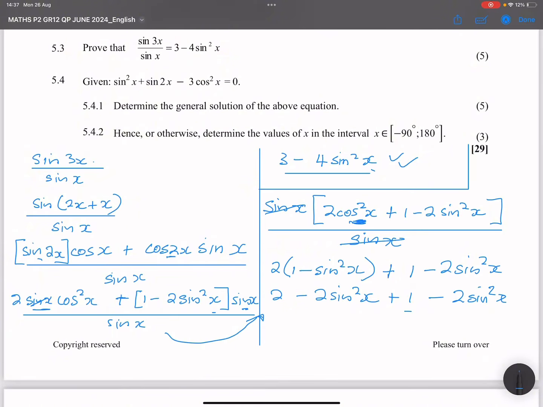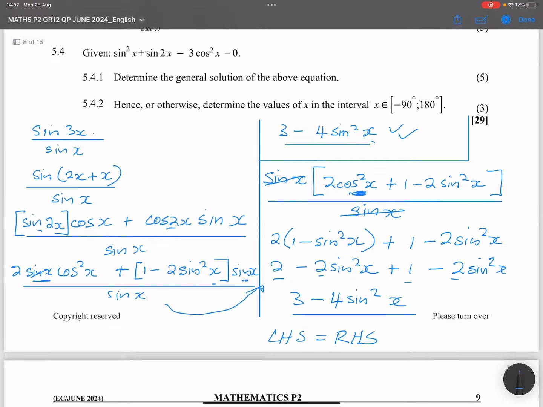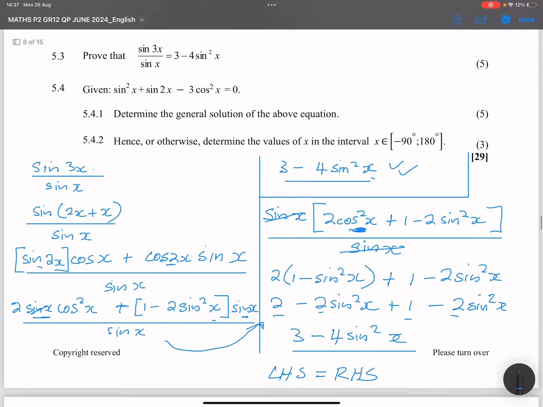Ladies and gents, I'm sure you can see that 2 plus 1 gives us 3, minus 2 sine squared of x minus 2 sine squared of x gives us minus 4 sine squared of x. So therefore, left-hand side is definitely equal to right-hand side. I do apologize for that little bit of a mess there. It is quite a long, lengthy sum. In this case, it couldn't fit in the space that we had. Right, so I hope you got this.